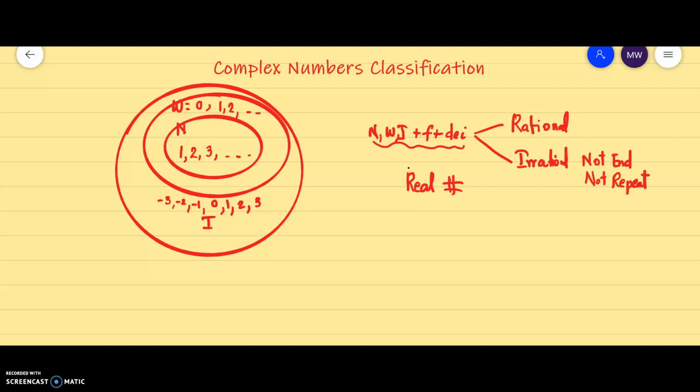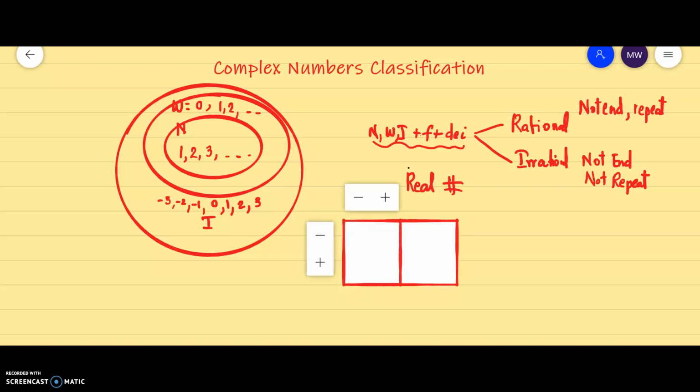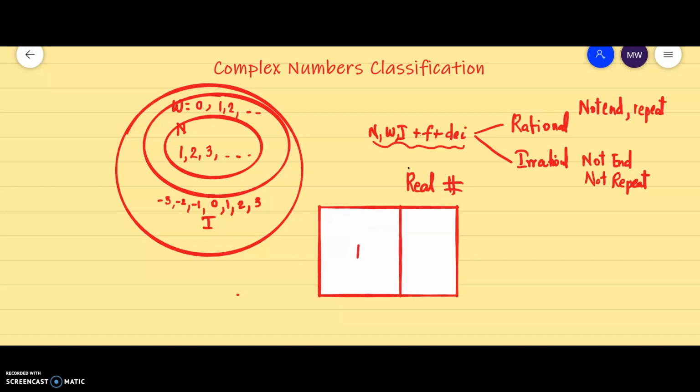And the rational numbers are decimals that do not end but repeat, and have a pattern. So this is what we've learned so far in high school. If you put them all under one box like that, all the numbers that we have learned so far fall under the real numbers.